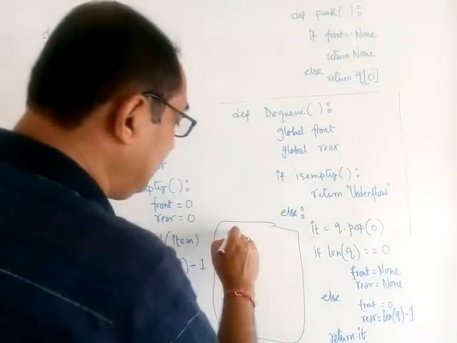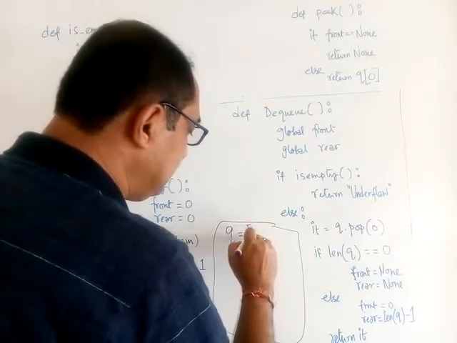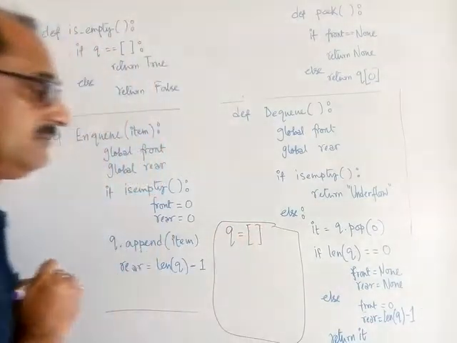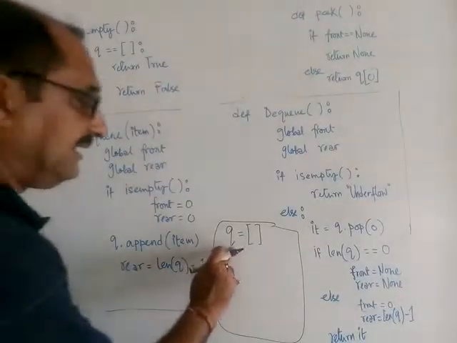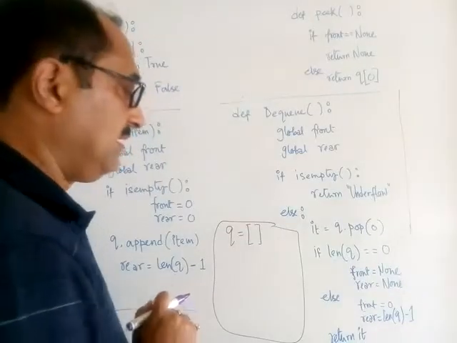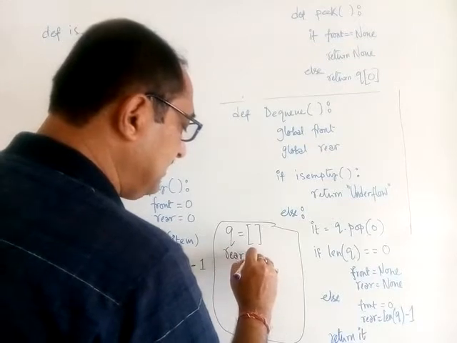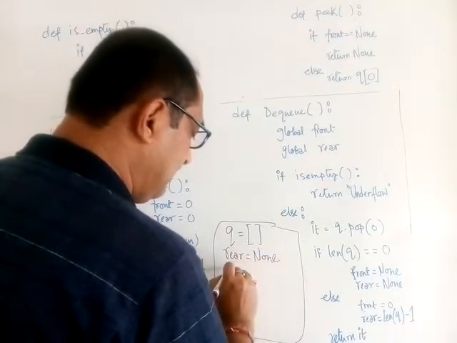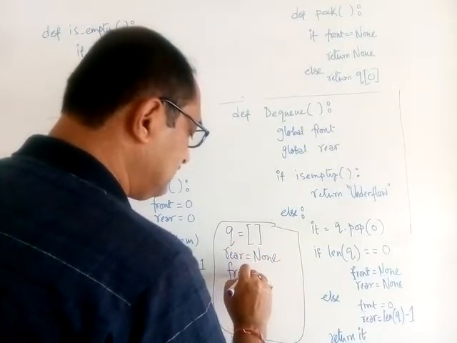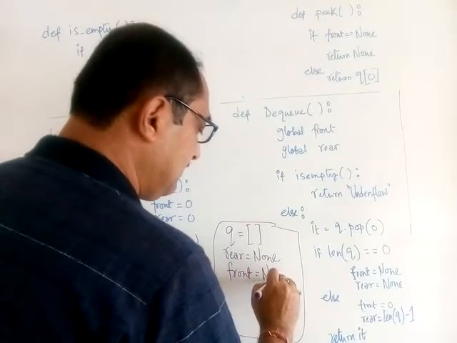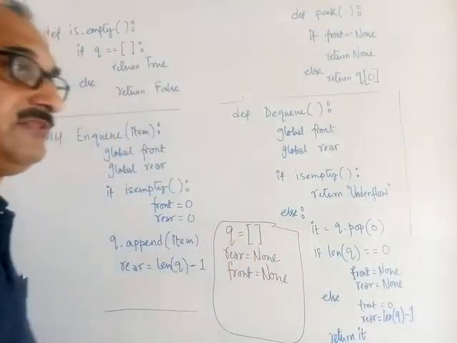Imagine in the main body I took a blank list, which I named Q. And I also took 2 variables, rear equal to None and front also equal to None. This will be written in my main body, fine?